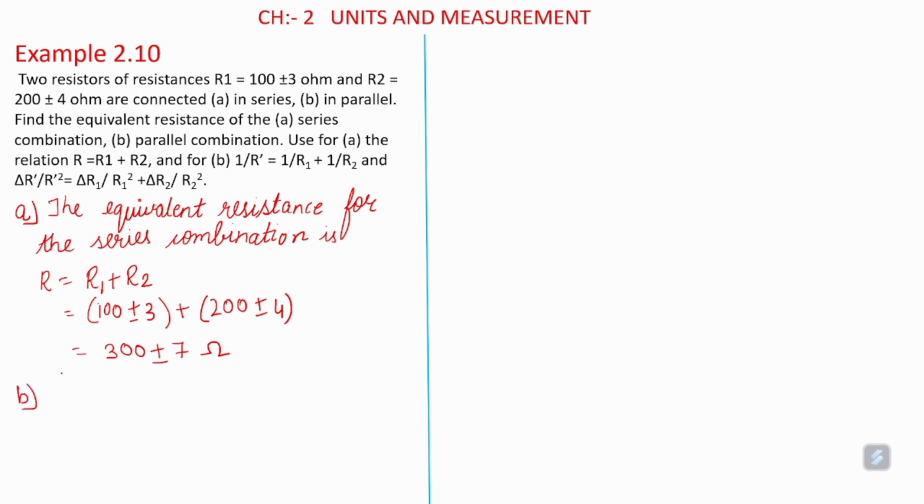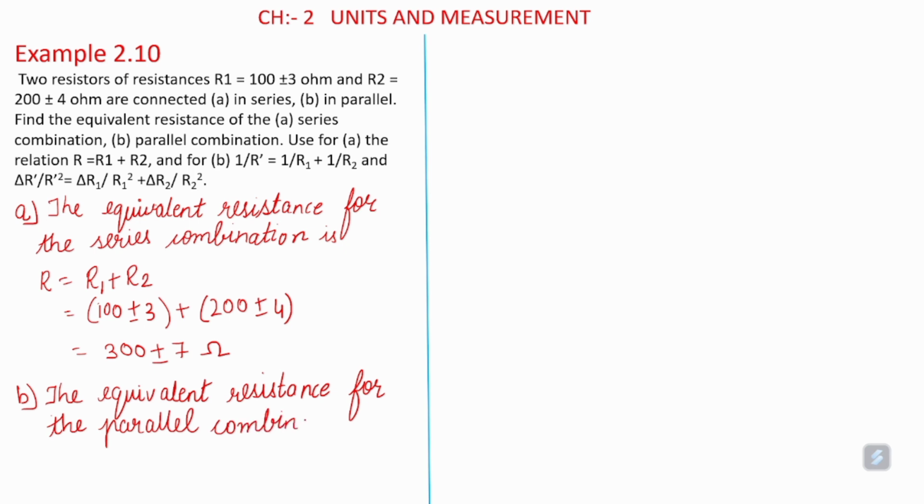Now we will find the equivalent resistance for the parallel combination. The equivalent resistance for the parallel combination is, see, for parallel we have the formula 1 upon R dash is equal to 1 upon R1 plus 1 upon R2.